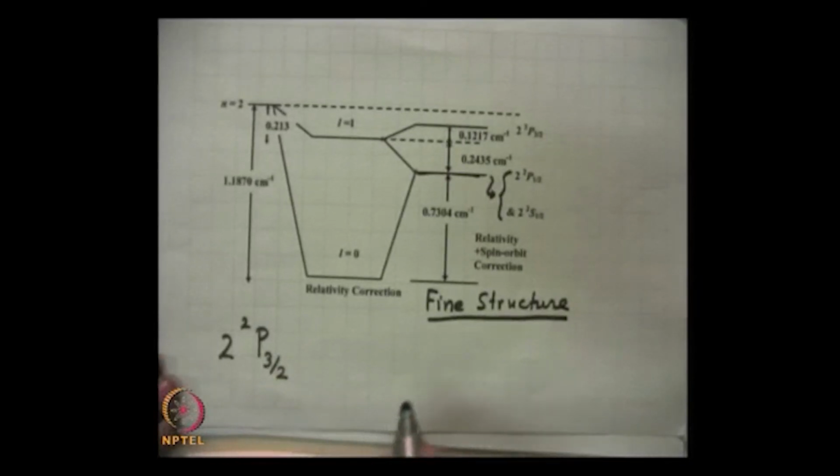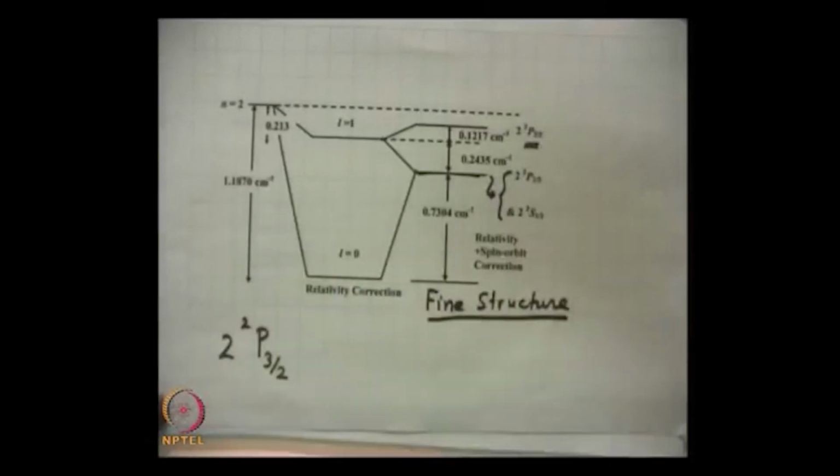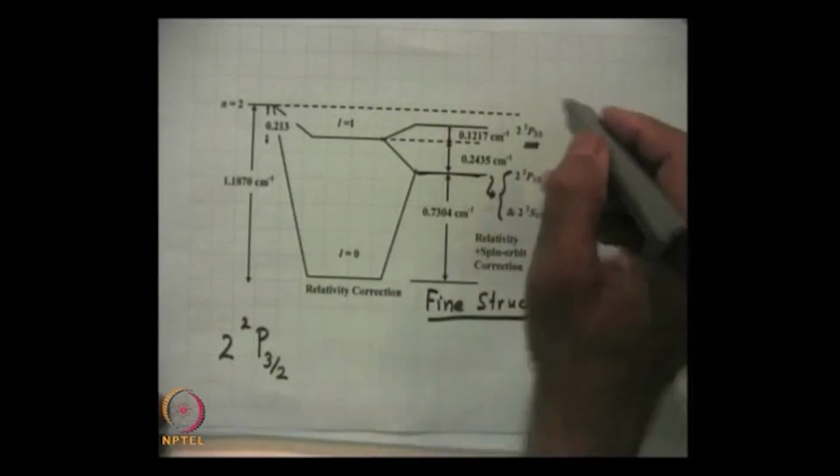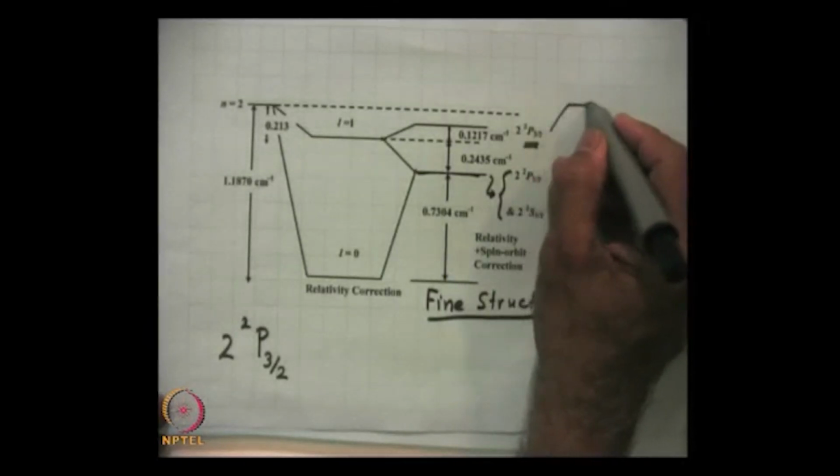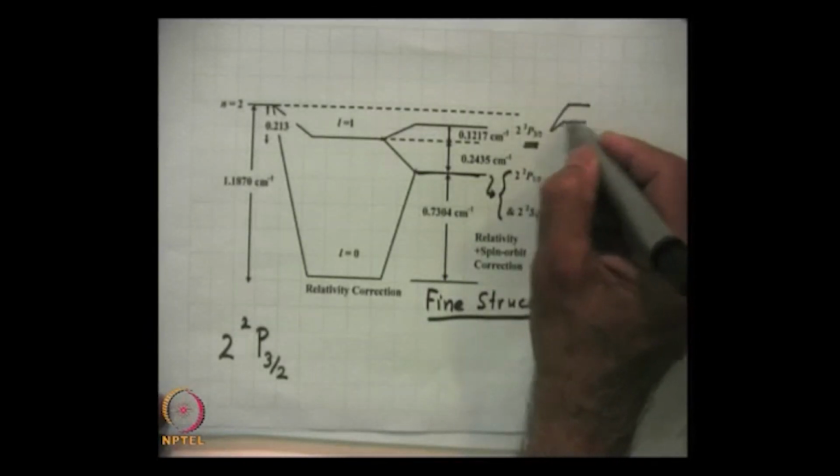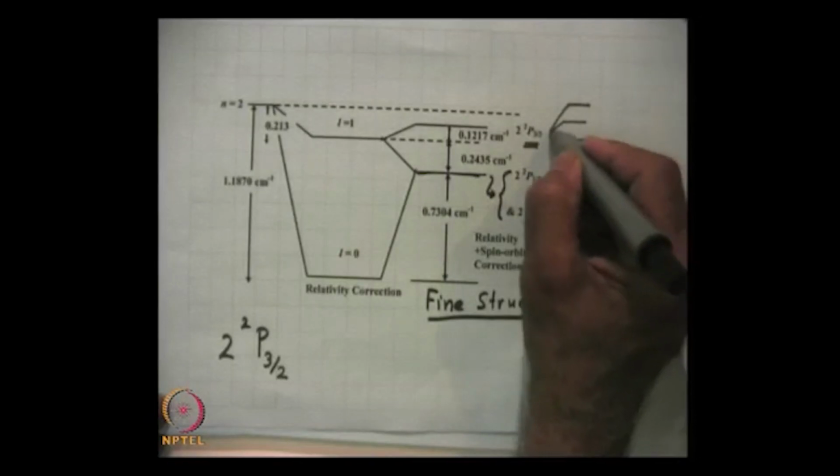If we now apply the magnetic field, this is known as the weak field Zeeman effect, where we have to take these wave functions, and we will show that this will split up into different mj values, and I will show that in a minute.